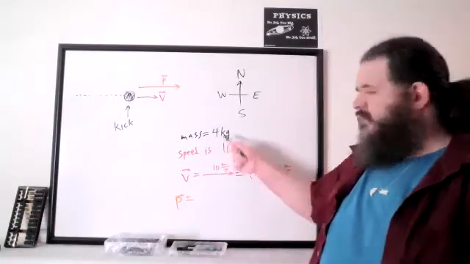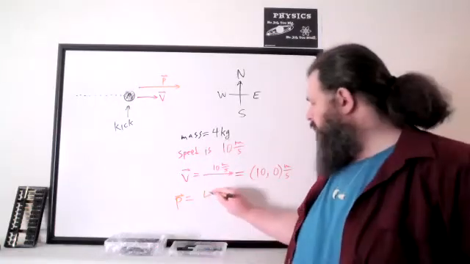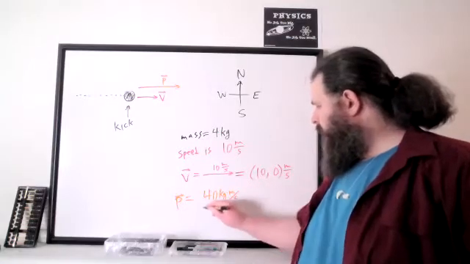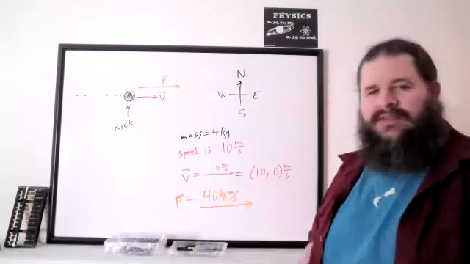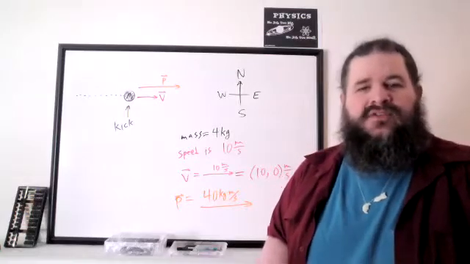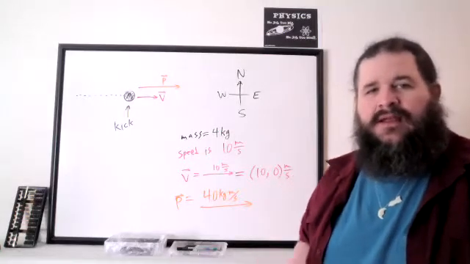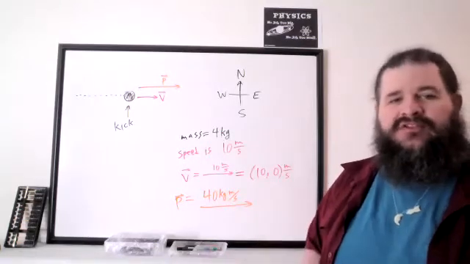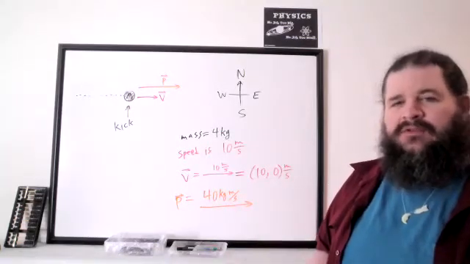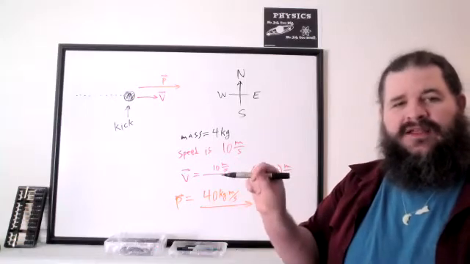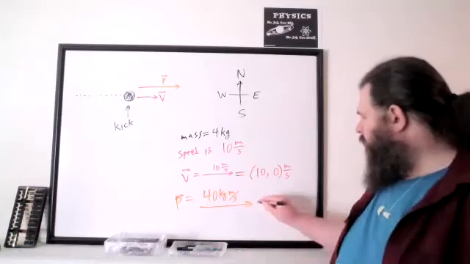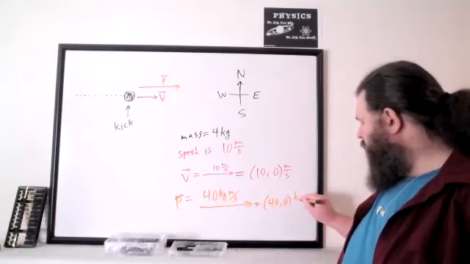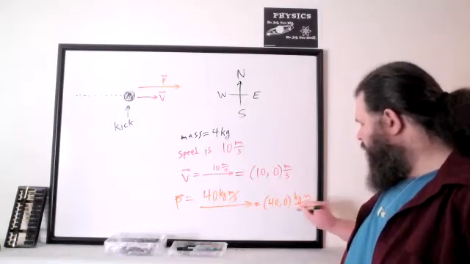So 10 meters per second times 4 kilograms would be 40 kilogram meters per second. And that would still be in the eastwards direction, the positive x direction, because multiplying by a positive scalar doesn't change the direction. If we had multiplied by a negative scalar, that would just flip it to the exact opposite direction. So we would describe that as 40, 0 kilogram meters per second.